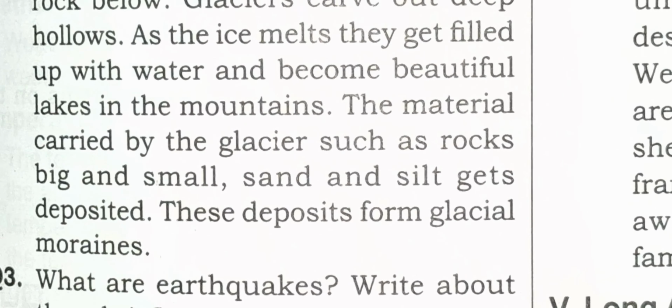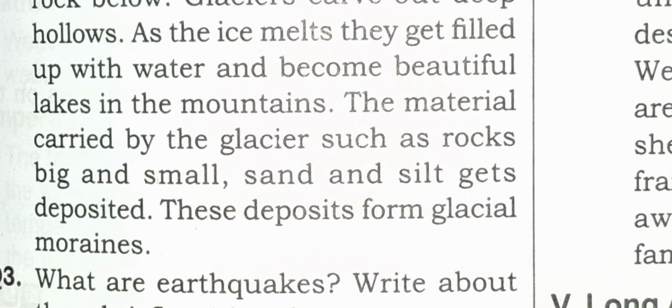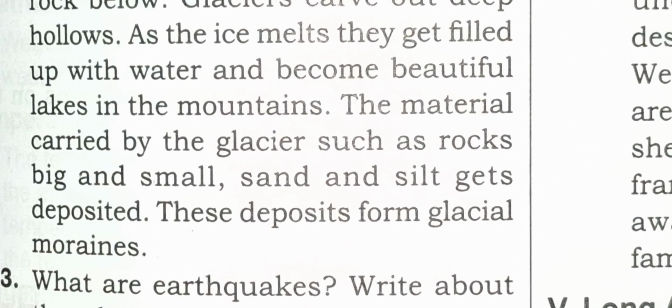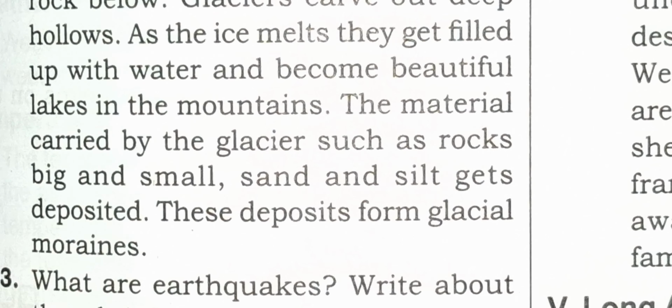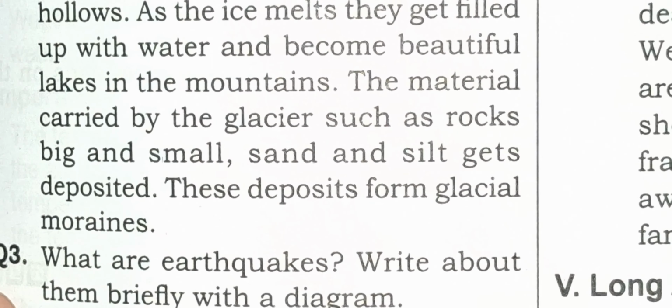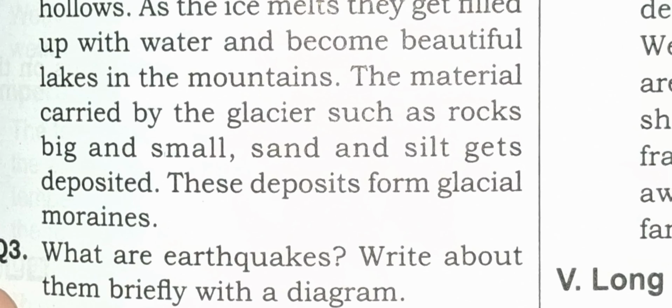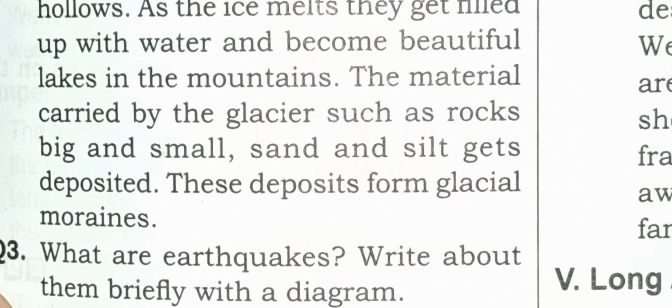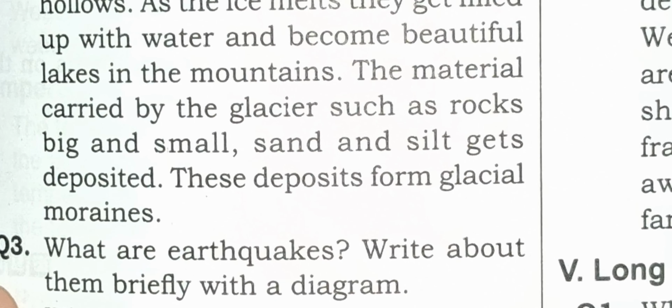They get filled up with water and become beautiful lakes in the mountains. The material carried by the glacier, such as rocks, big and small, sand and silt, gets deposited. These deposits form glacier moraines.